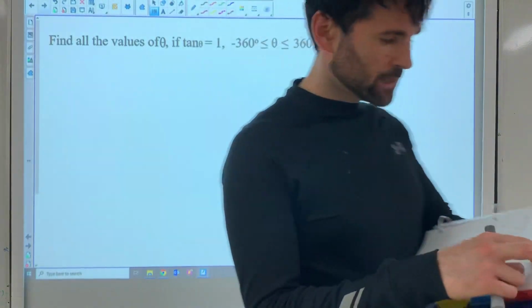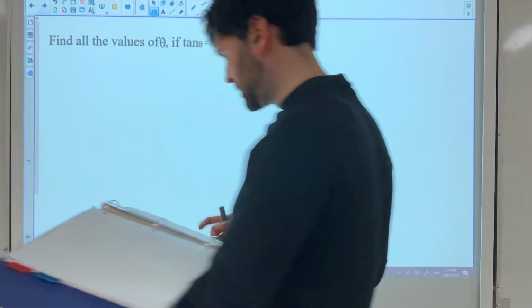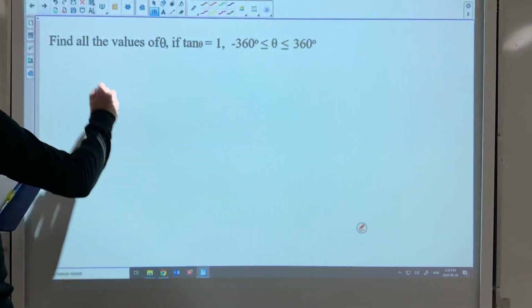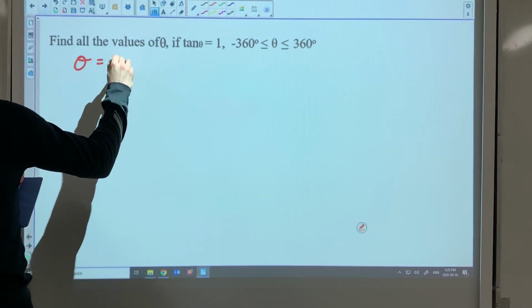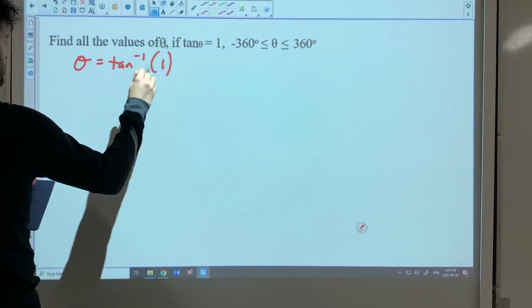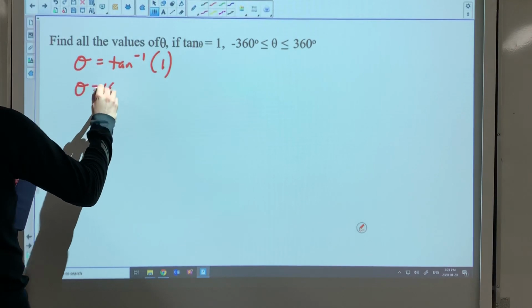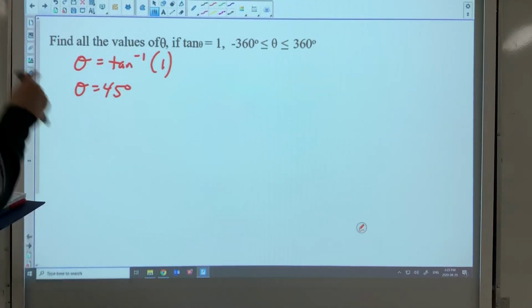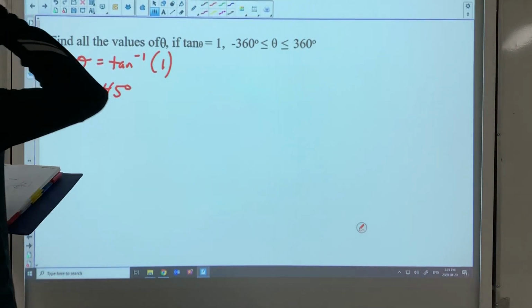Find all the values of theta if tan theta equals 1 from negative 360 to 360. Well, we can remember that if we type in inverse tan of 1, you're going to get 45 degrees. So where are all the places where you get a tan value of 1?